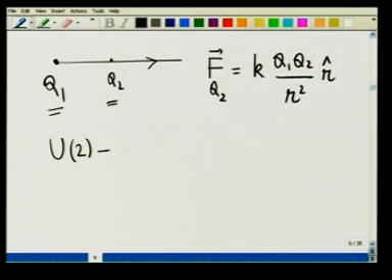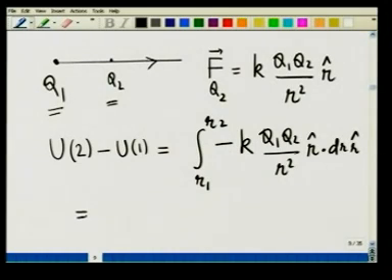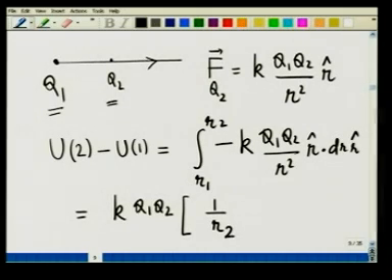So by definition, if I move from point 1 to point 2, from r1 to r2, let me move radially, minus F, so that is going to be minus K Q1 Q2 over r squared, r-hat dot dr r-hat, and that gives me K Q1 Q2 times (1 over r2 minus 1 over r1).